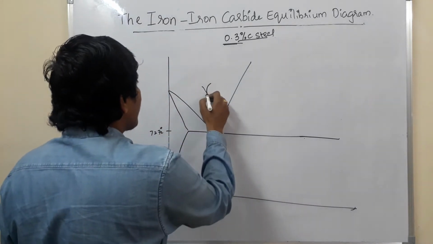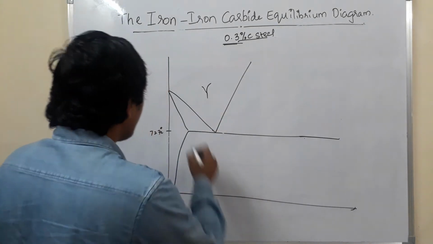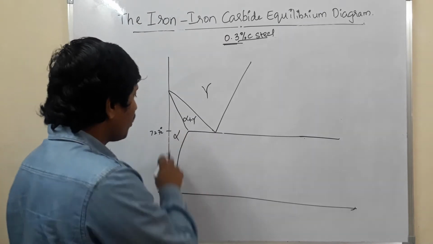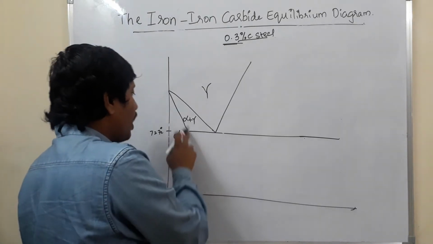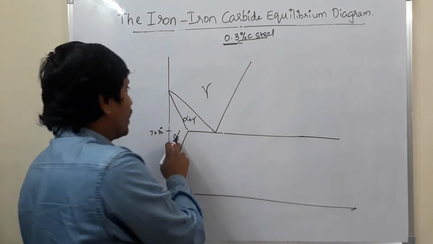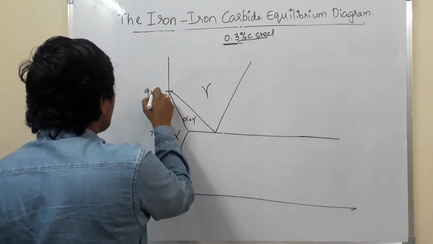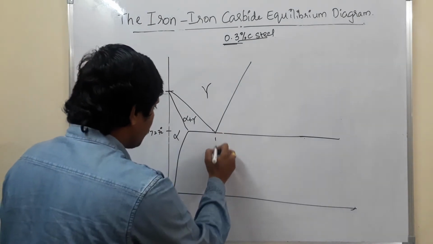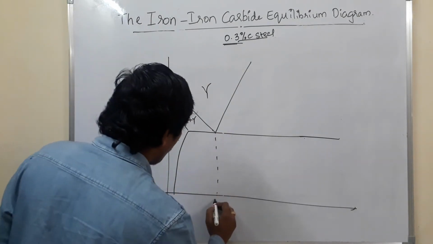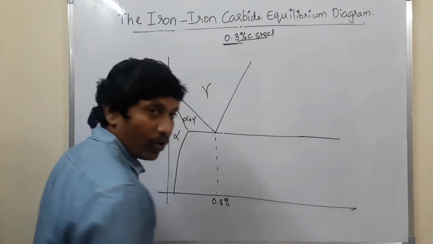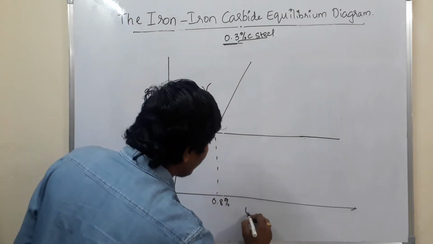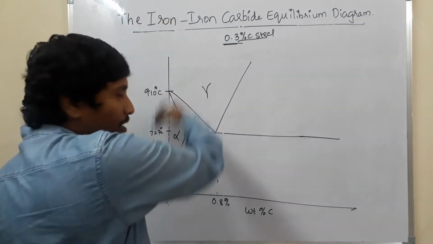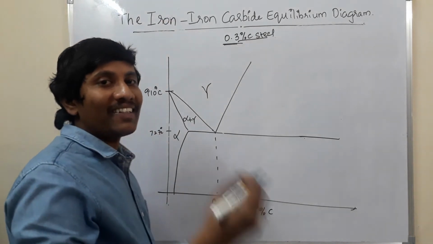This area corresponds to gamma. This area corresponds to alpha plus gamma. This area corresponds to the ferrite region, alpha solid solution. This temperature is around 910 degrees centigrade. This point corresponds to 0.8 percent carbon. The x-axis represents weight percentage of carbon, and the y-axis represents temperature in degrees centigrade.